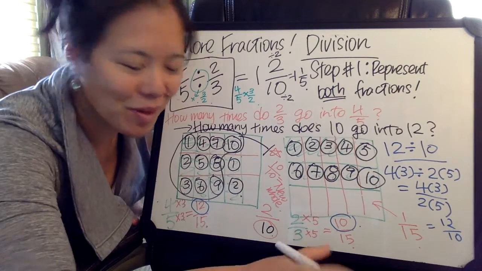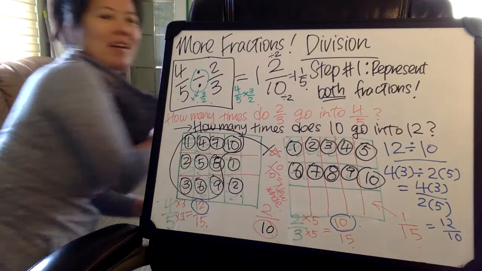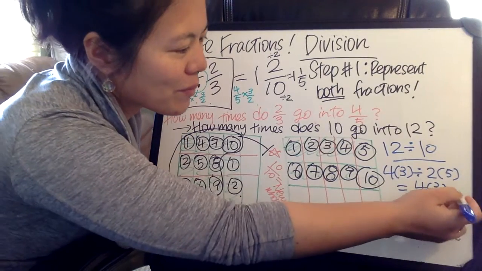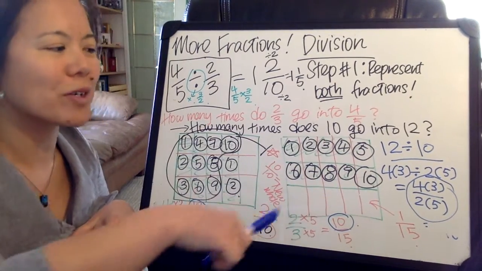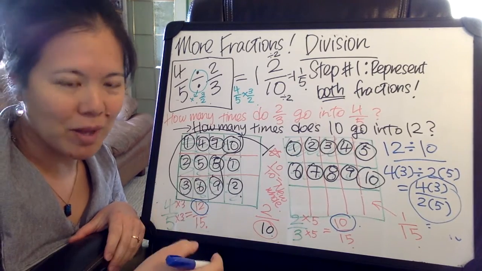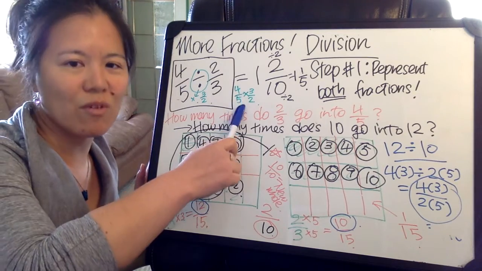But that part is not the important part. So this part is the important part. Okay, so 4 multiplied by 3 over 2 multiplied by 5. And let's take a look right over here.